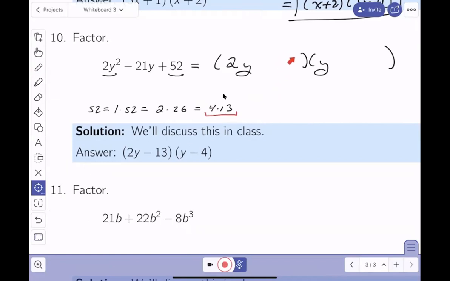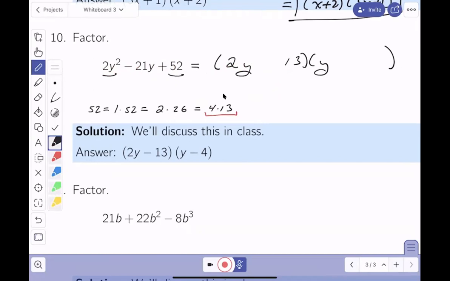Someone says, why do you know that? Because if I put a 4 here, there'd be a factor of 2 in common, and there was no factor of 2 common over here. So 13 must go here. I'll write that down for you. By the way, I'm not saying it works. All I'm saying is I couldn't have put the 4 there.